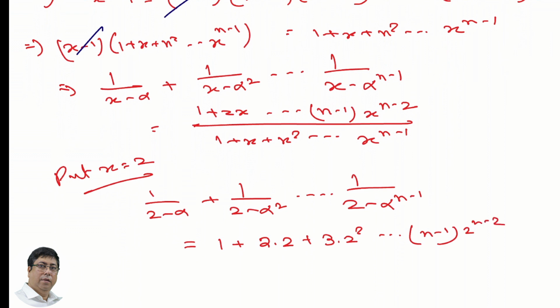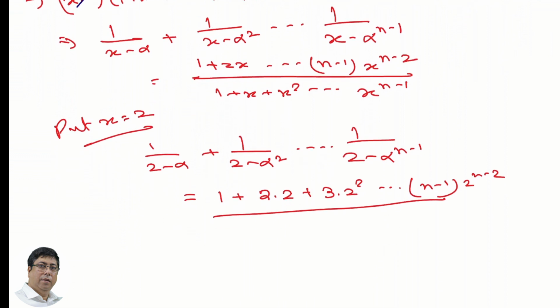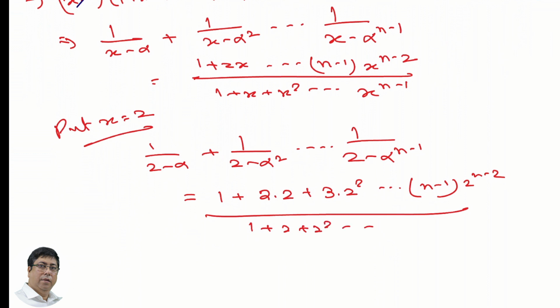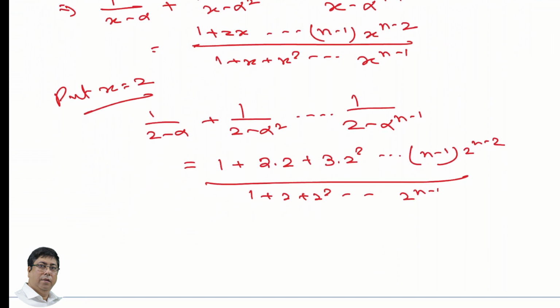The denominator is as it is, 1 plus 2 plus 2 square up to 2 to the power n minus 1, which is a GP formula, and the numerator is an arithmetico-geometric series.